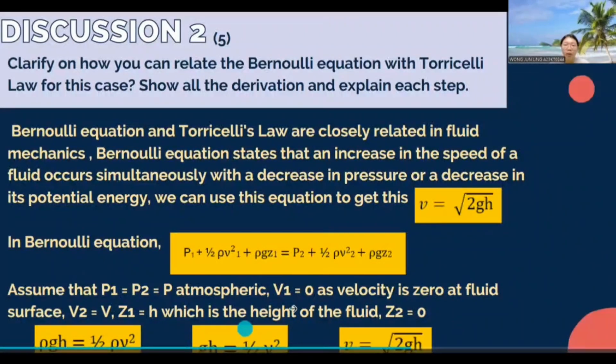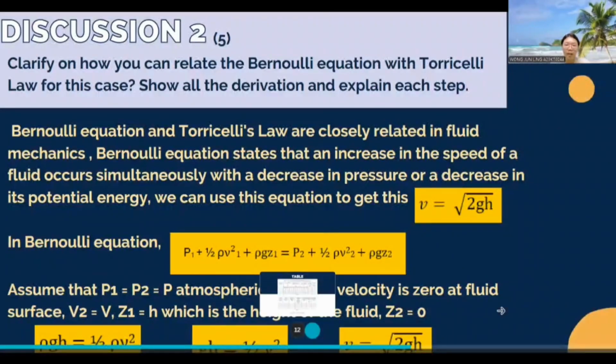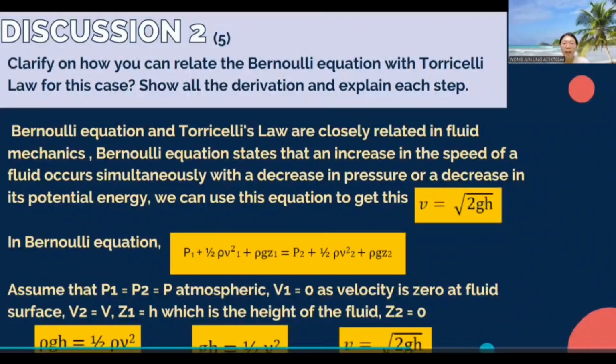By substituting all of this into the Bernoulli equation, we get density times gravity times height equals half of density times the velocity squared. We cancel out the density and get this equation, and lastly the equation we want, which is this.